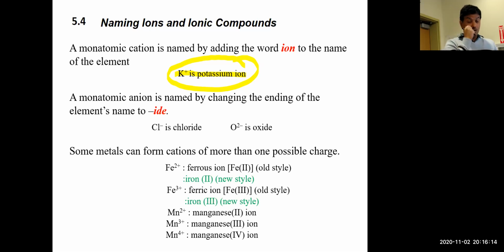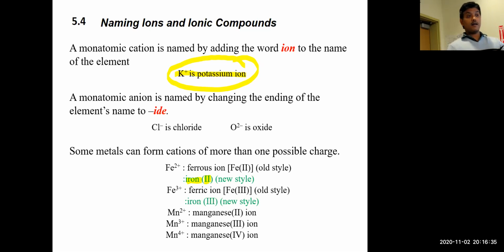That is, you name the metal and use a Roman numeral to indicate what type of charge that particular element has. So here we have Fe plus 2 and Fe plus 3.